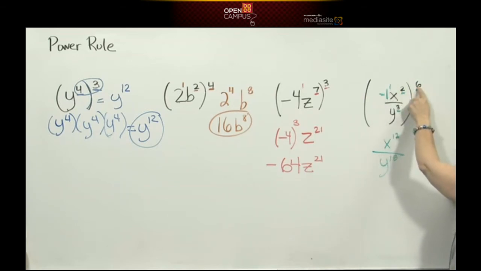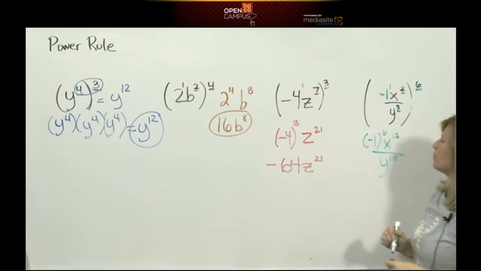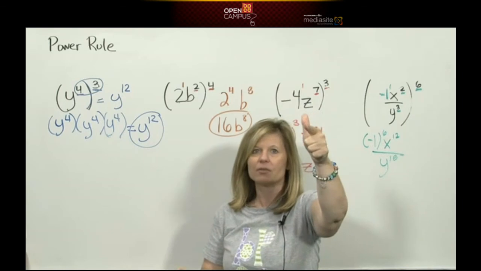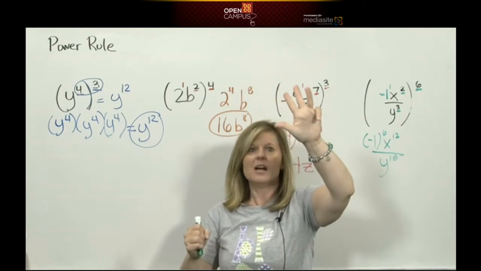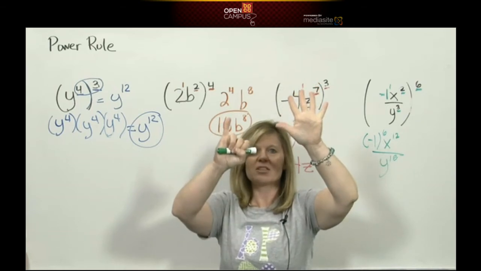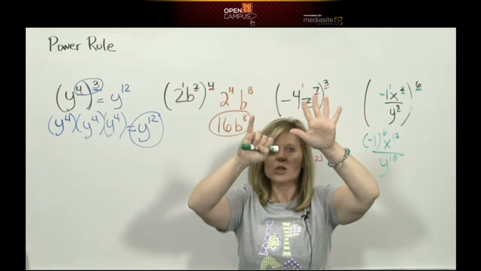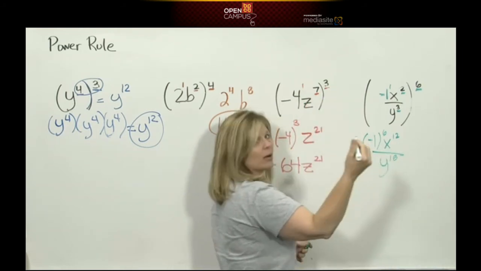And 1 times 6 would be 6, so I have to do negative 1, 6 times. Well, we all know a negative times a negative is a positive. Another negative times a negative is a positive. Another negative times a negative is a positive. So if you take a negative and multiply it 6 times, you'll get a positive. And if you multiply 1 6 times, you'll get 1.